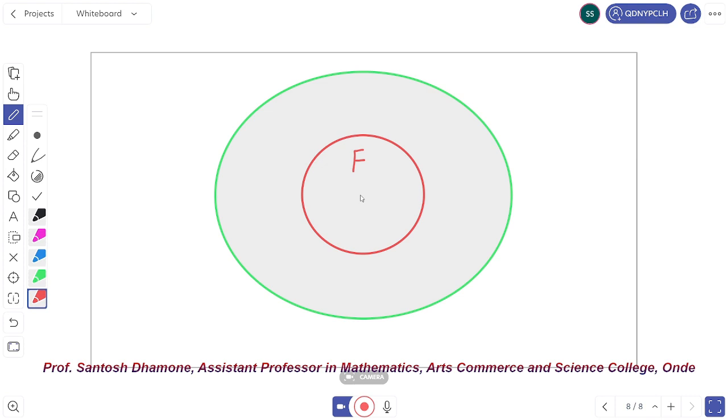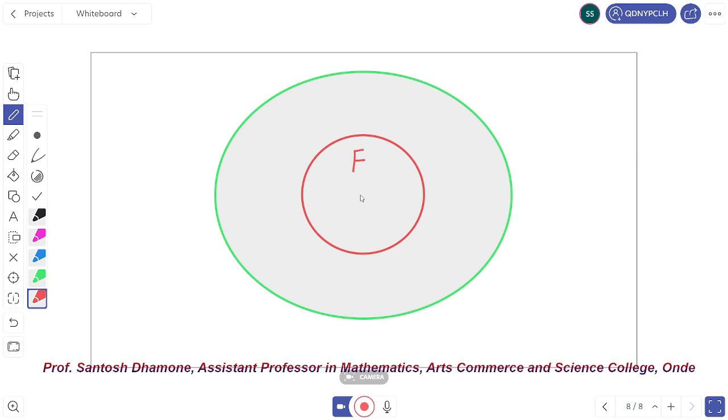Let Y belong to the open ball about P with radius S. This implies that the distance between Y and P is less than S, which is less than R because S is less than R. This implies that the distance between Y and P is less than R. This implies that Y is not in A. This implies that Y belongs to A complement.